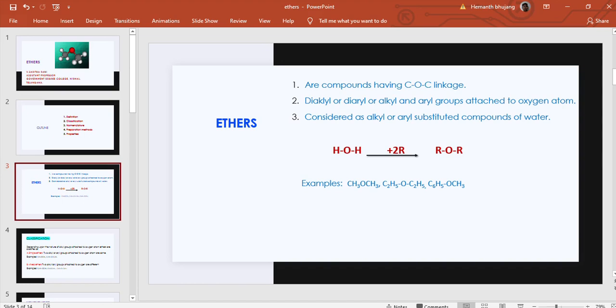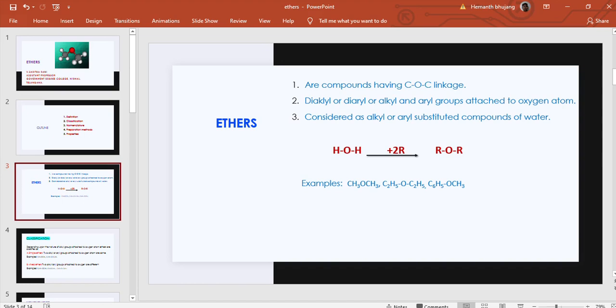So in ethers, the dialkyl or diaryl or alkyl and aryl groups are attached to the oxygen atom, which is centrally situated. So we can consider ethers as alkyl or aryl substituted derivatives of water.